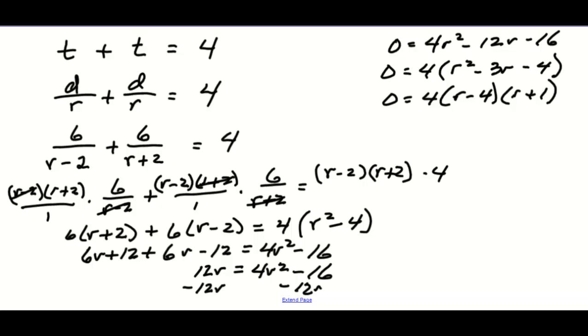And what we're interested in is this term right here. Because when we take that term, r minus 4, and set that equal to 0, we add 4 to both sides, and we get r equals 4 miles per hour. And that's our answer. A lot of work to get it, but we were able to do that.